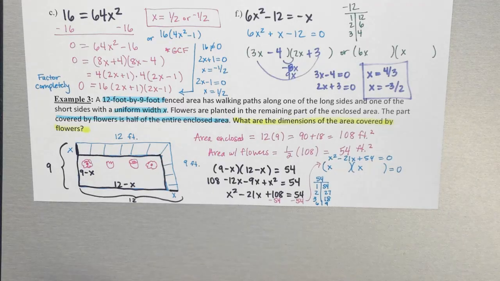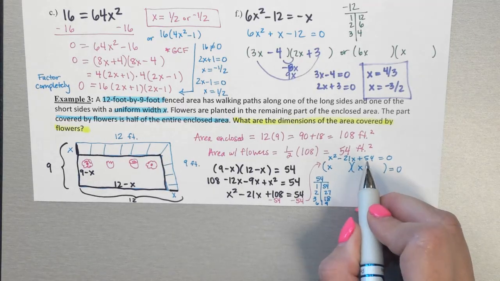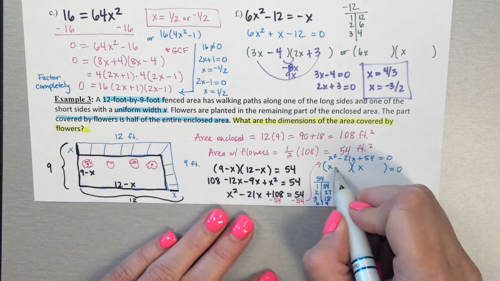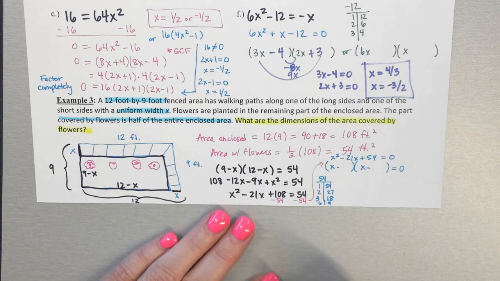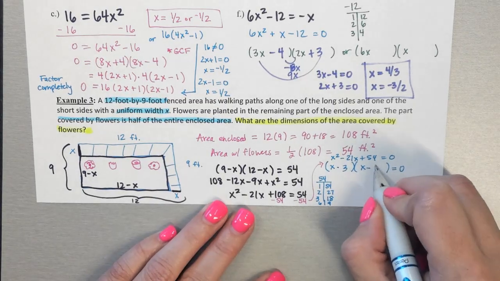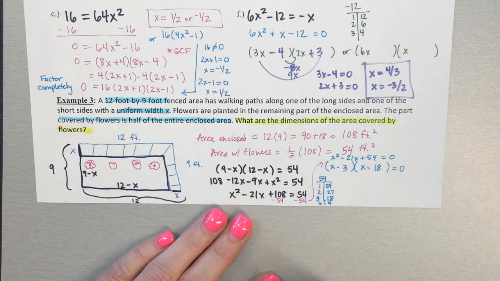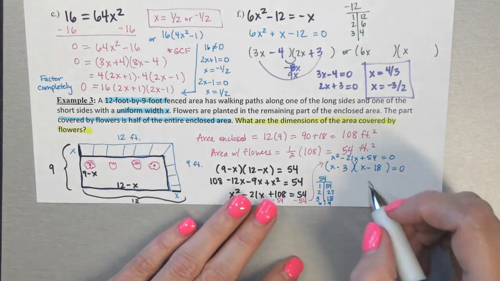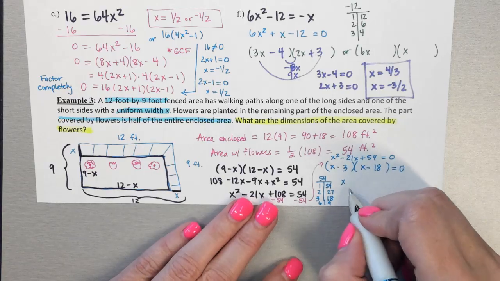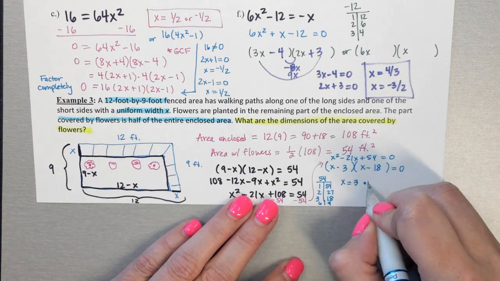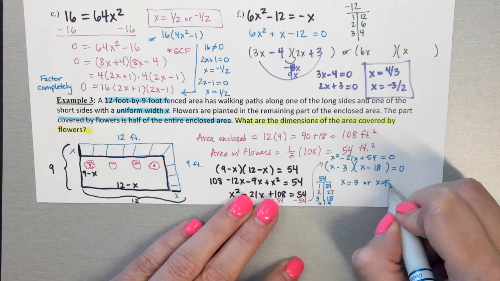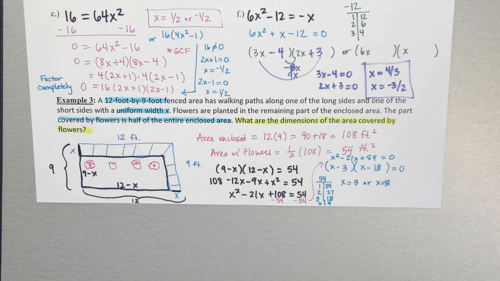Okay, so what is going to add up to negative 21 and multiply to positive 54? They have to be the same sign. So it's 3 and 18. Okay, so your answers are either x equals 3 or x equals 18. You have to plug it in to find your dimensions.